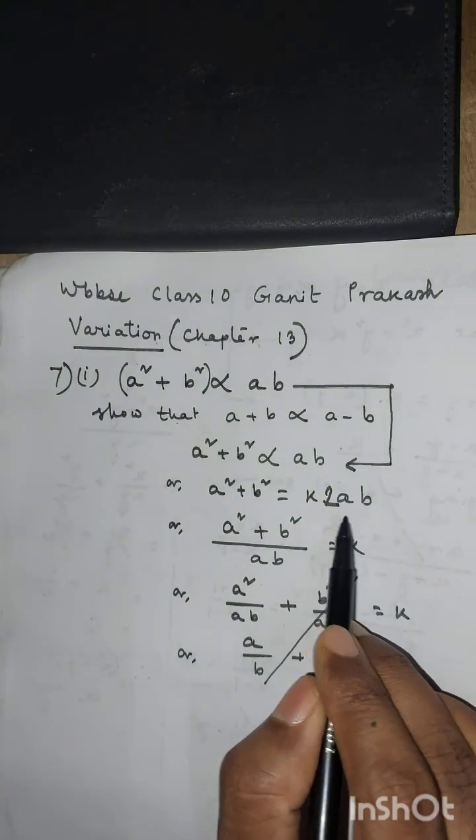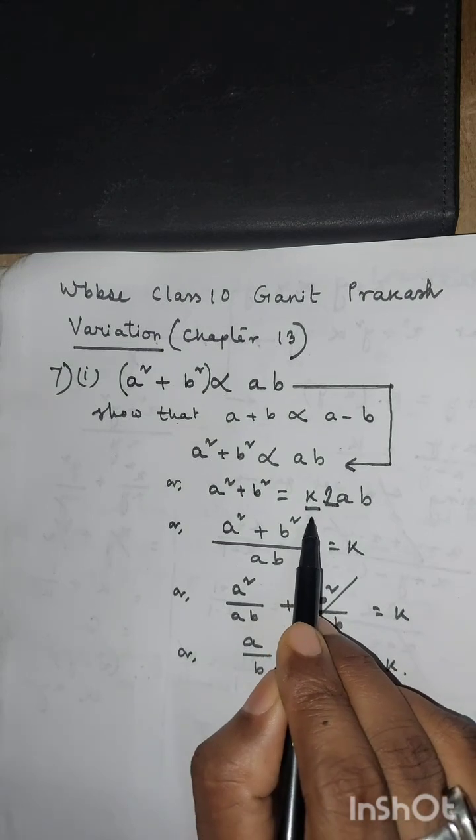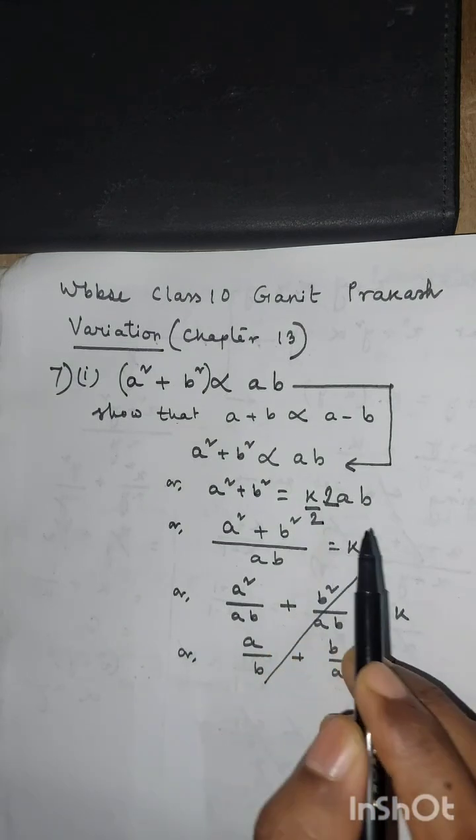We are multiplying ab with 2, so we must adjust it by writing a 2 in the denominator.